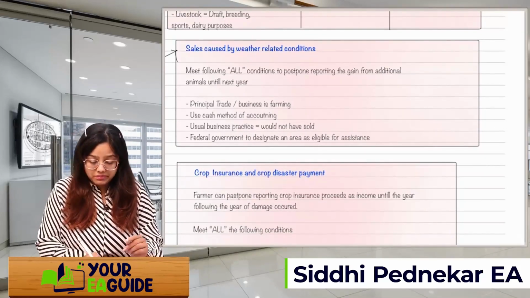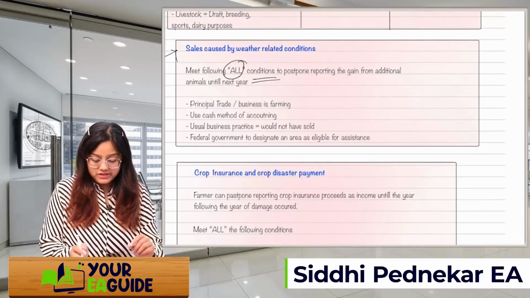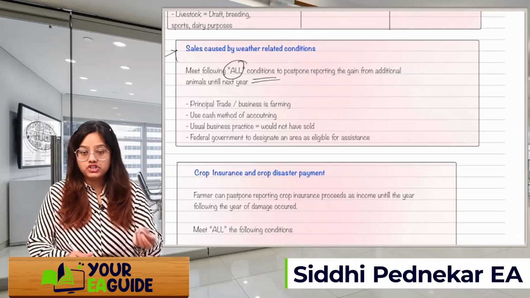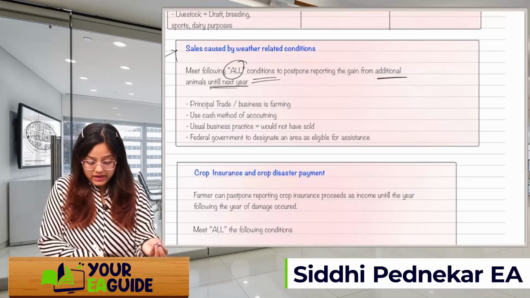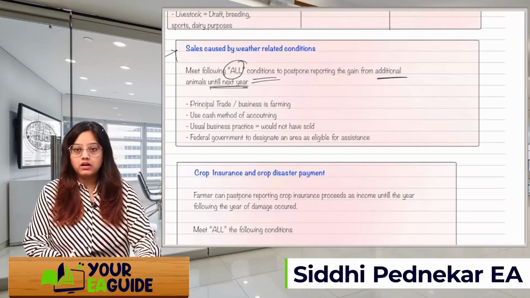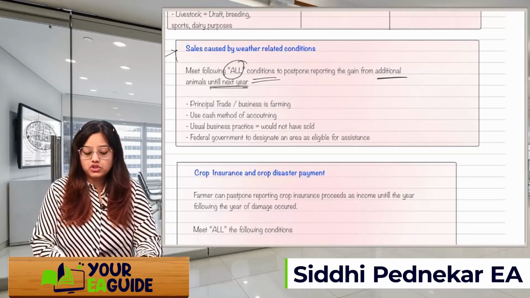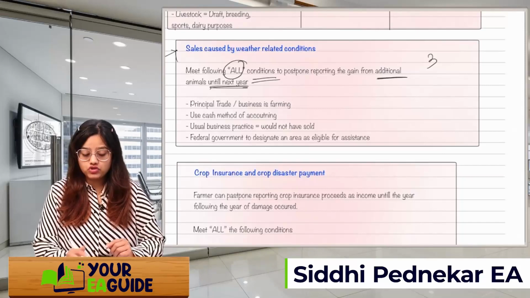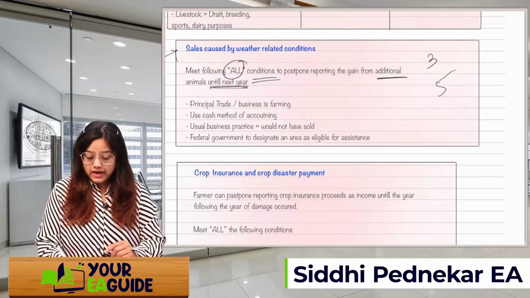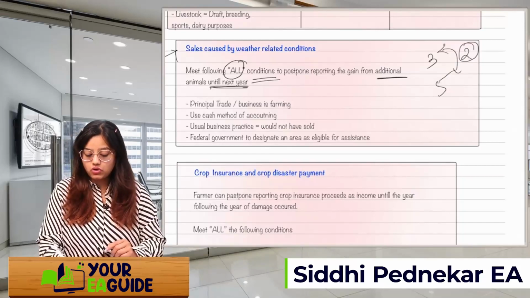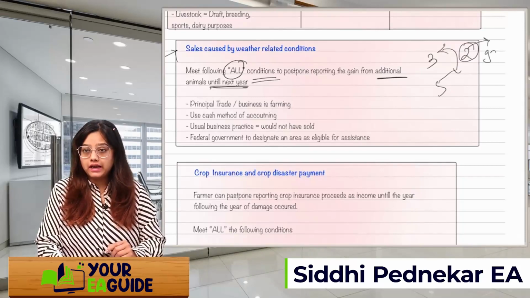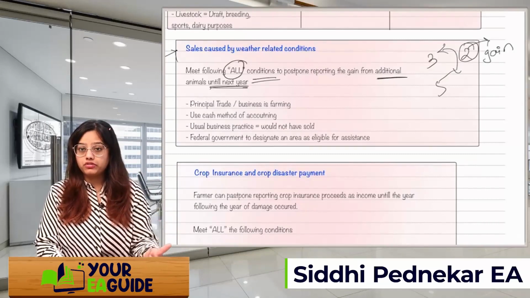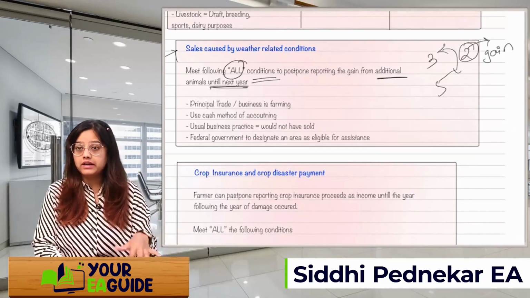If your business meets all the following conditions, then you can postpone the reporting of gain from additional animals until next year. For example, in the usual business you were selling 3 animals, but in the current year you have sold 5 animals. The additional 2 animals which you have sold, you can report the gain in the next year.